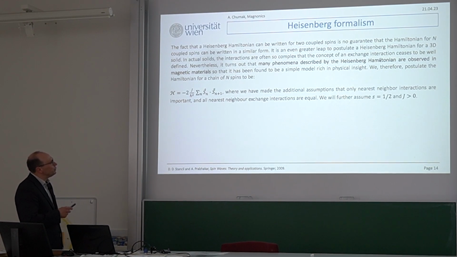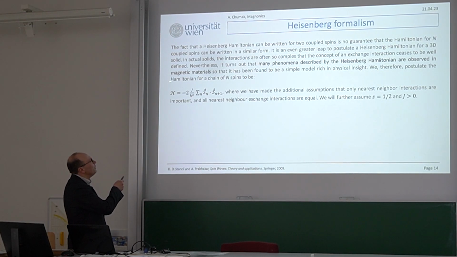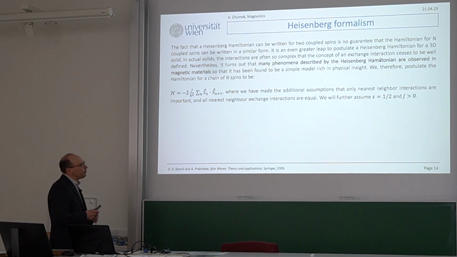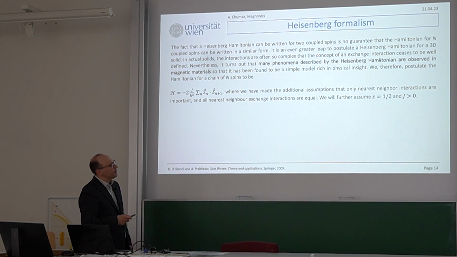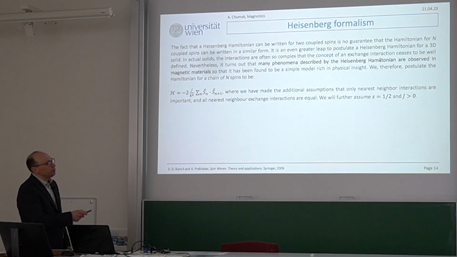So we have the exchange integral, and n helps us to find the sum for the Hamiltonian, for energies of all neighbors. So you always take n and n plus 1, so you take into account neighbors. And further, we simplify our life a bit by taking spin equal to 1/2, so it's the spin of an electron, and J is positive, so we are describing a ferromagnetic structure.